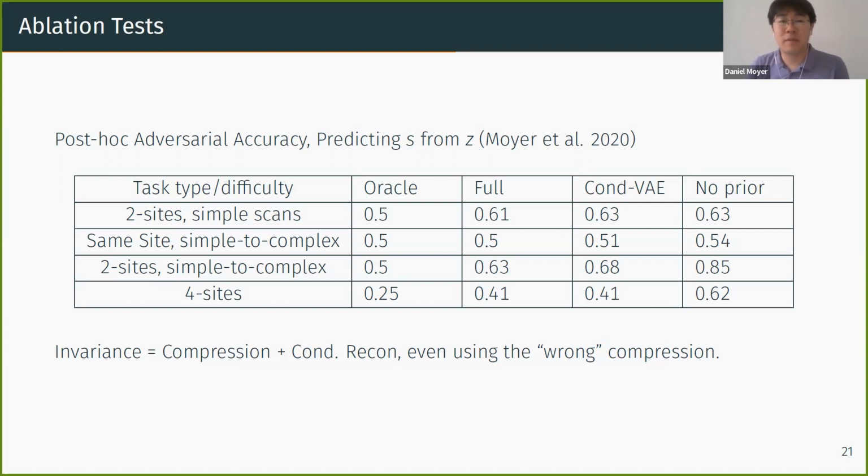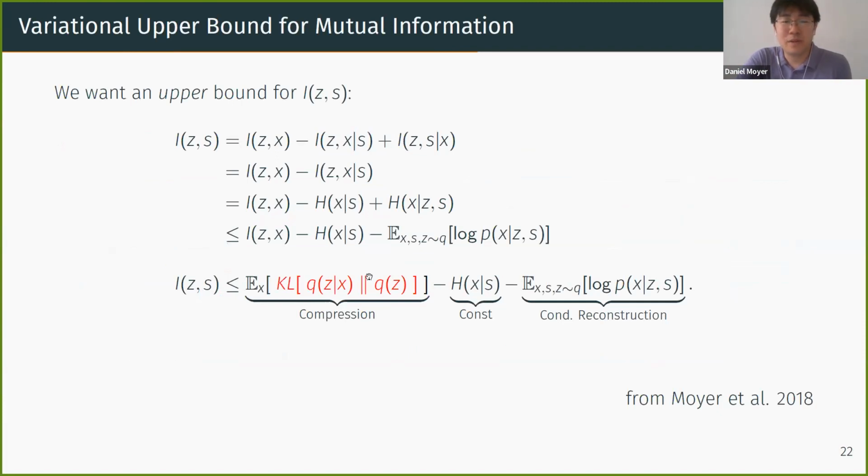And that's a really good thing, because the KL divergence between QZ given X and PZ is much easier to compute. But let's get into that. Why should this be true for VAEs, for Gaussian VAEs? So this is the derivation of the bound again.